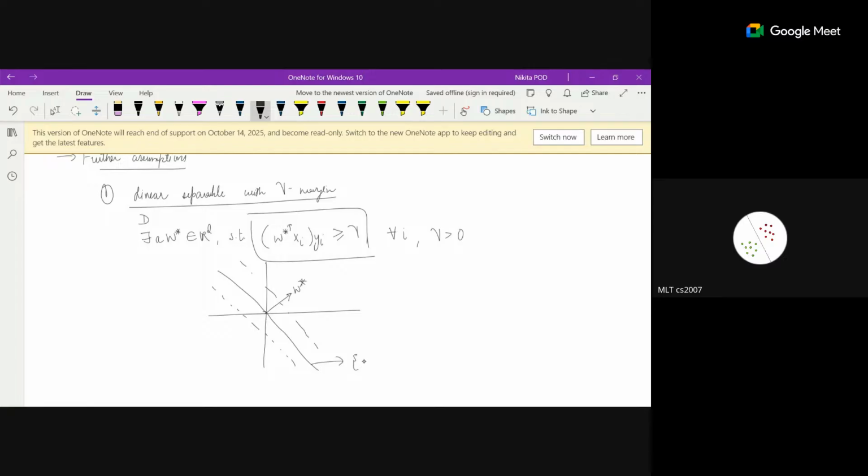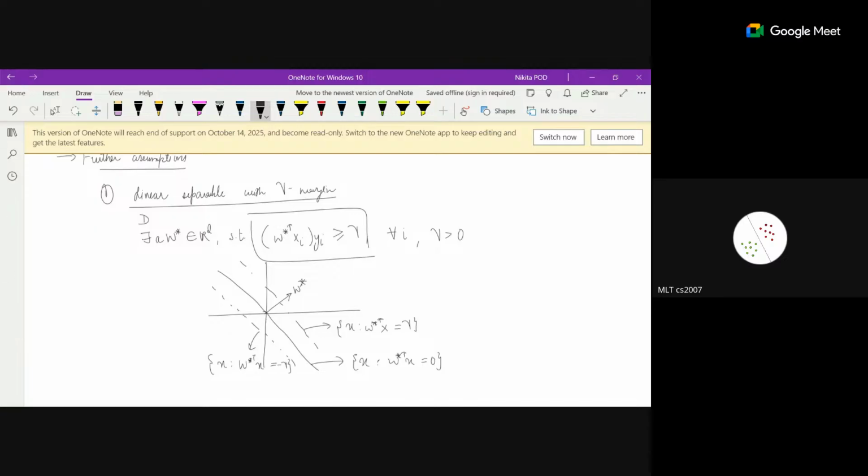This line is the set of all X such that W star transpose X is equal to 0. This is the set of all X such that W star transpose X is equal to gamma. This is the set of all X such that W star transpose X is equal to minus gamma.